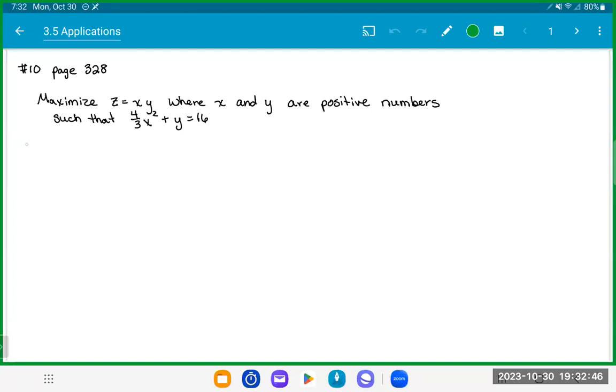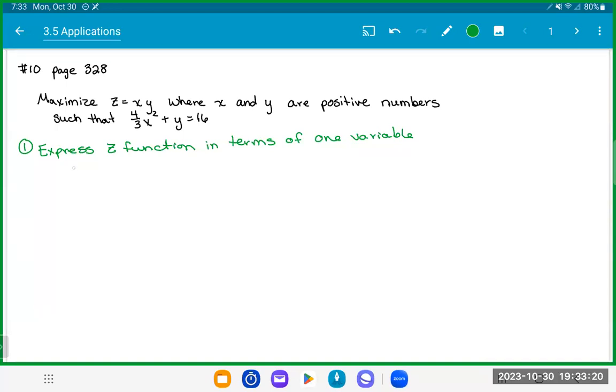So the first thing we'll want to do is express our z function in terms of one variable. Okay, so how do we do that? First, we want to solve our such that constraint for only one variable.